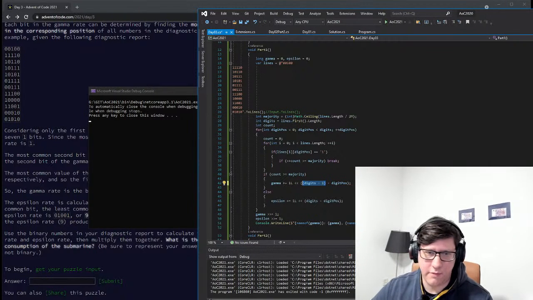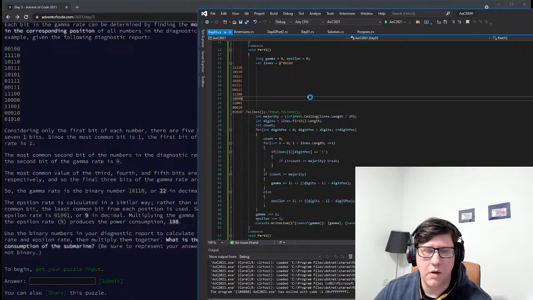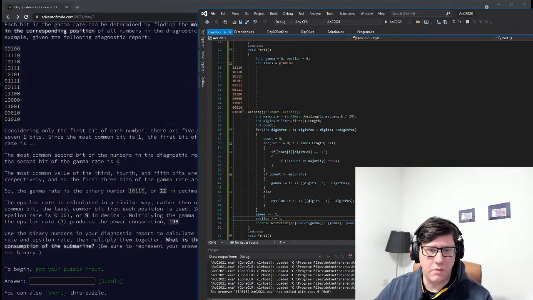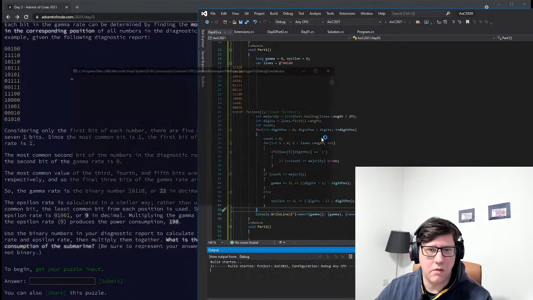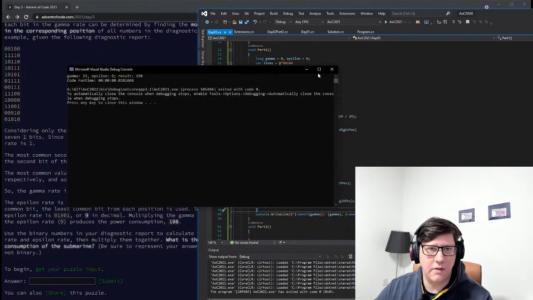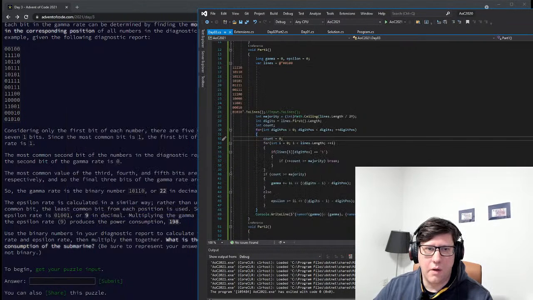So we subtract from digits -1, and that should give us the result. And I need to remove this. So yeah, that is correct. And now I can jump back to the actual input.